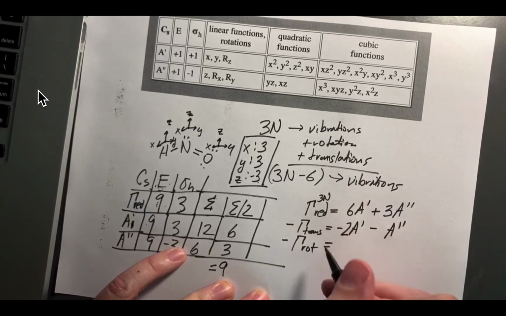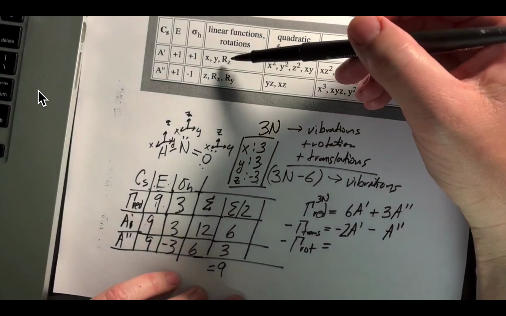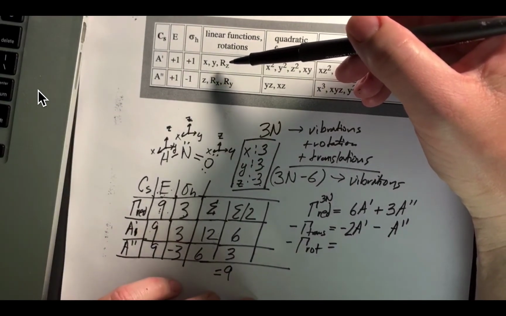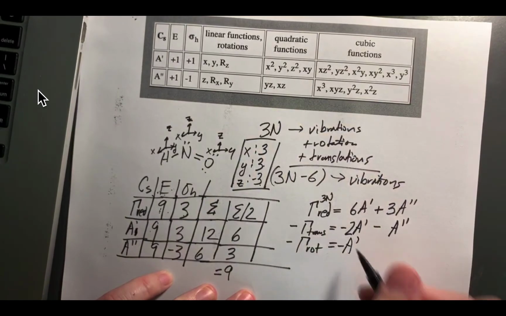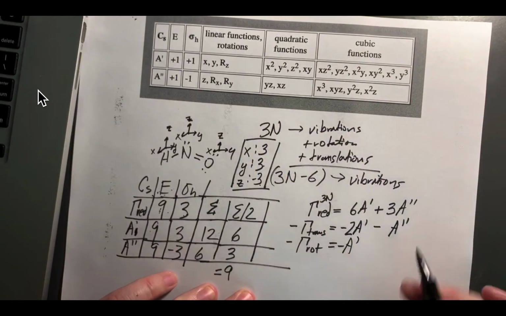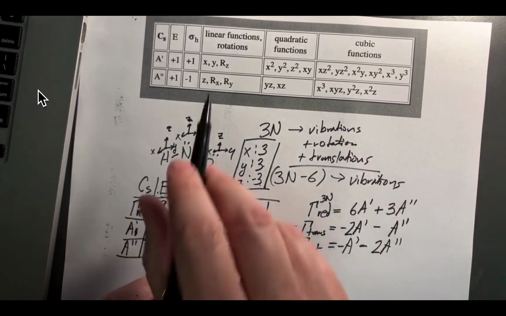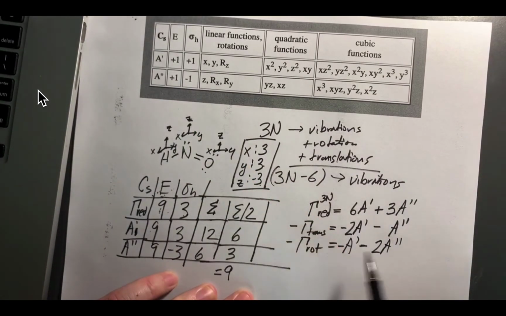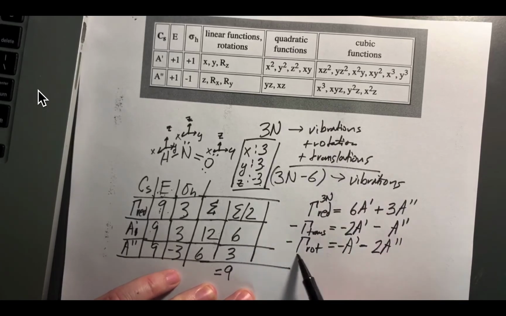Also, someone has worked out for us the symmetries of the rotations. So rotation about the z-axis is here. So minus A prime, that's a rotation, and then minus 2A double prime for rotation about X, rotation about Y. So this is the minus 6 for the 3N minus 6.